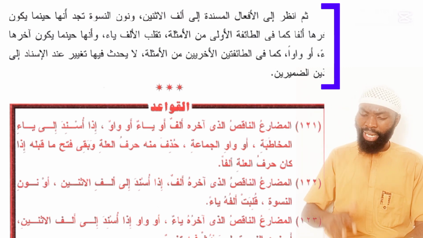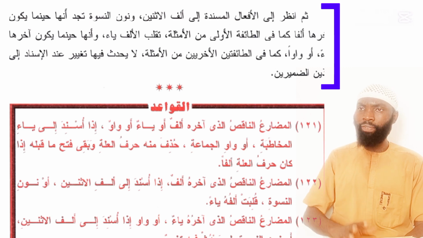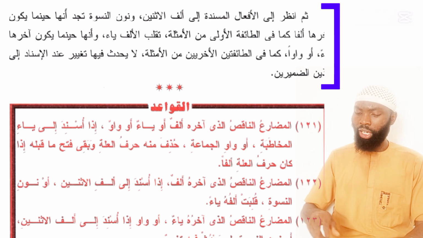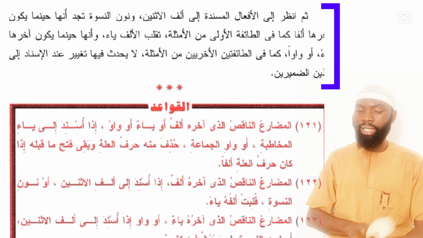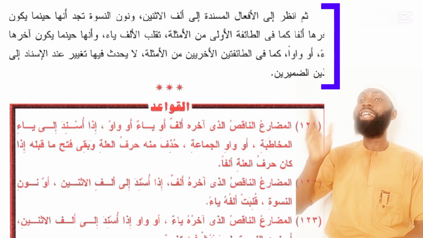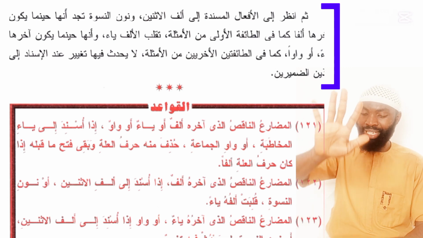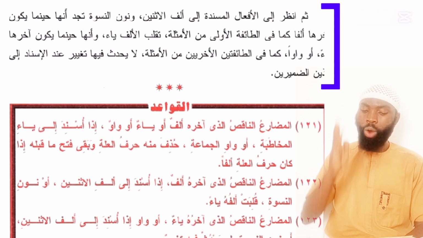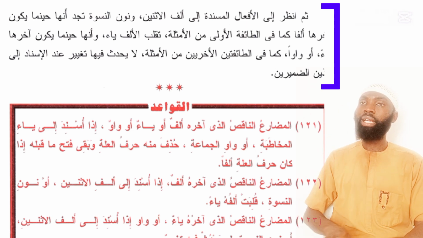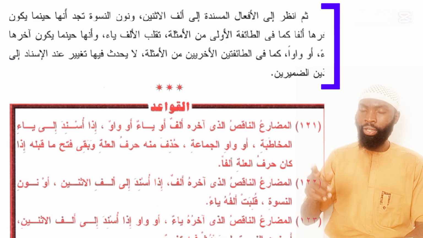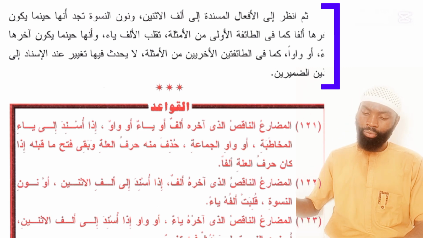You see that if the ending of these verbs is alif, as in the first section of the examples, the alif will be made to change to what? Ya. But if the end is ya or wa, as in the last two sections, no changes will occur.